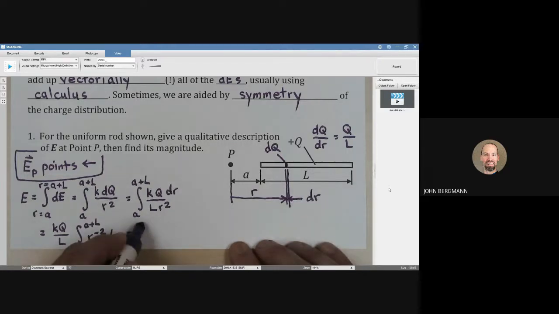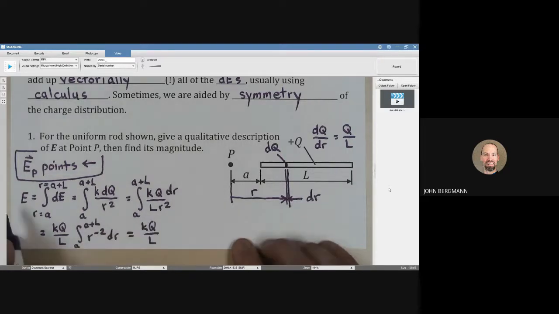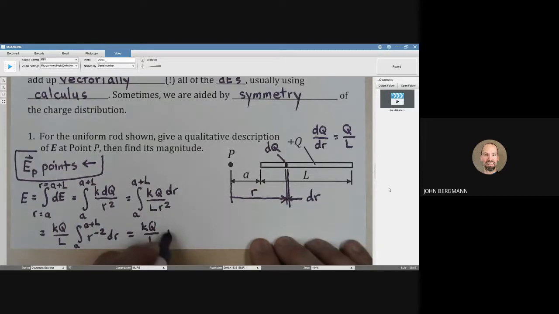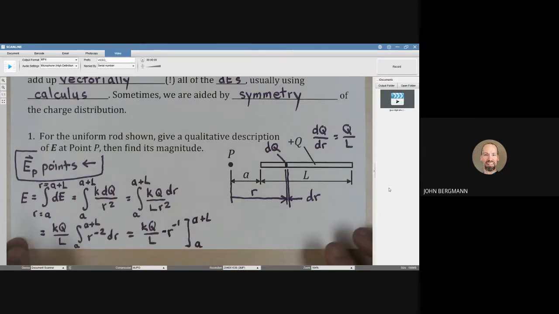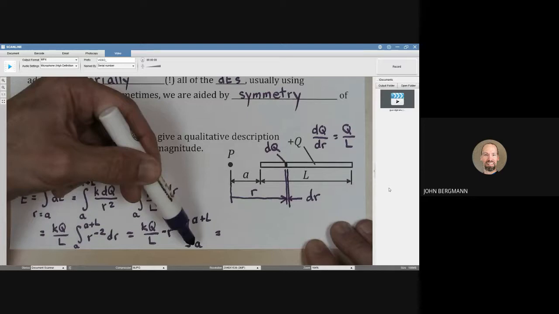So what does that give us? kQ over L. Raise that up to the higher power. Divide by that new power. So there's going to be, in effect, a negative sign in there. And we're going to take our limits from a to a plus L. All right, well, what does that give us? That means we're going to put a plus L in there, and then we're going to go a in there.